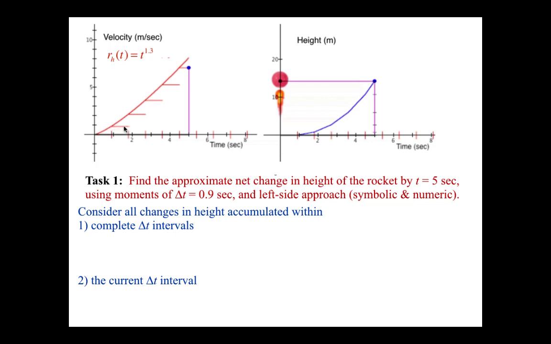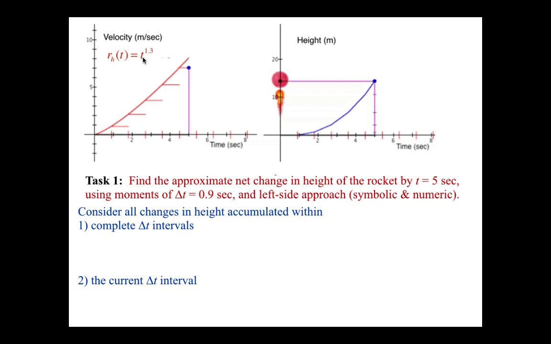And then this next rate, if I wanted to refer to this second step in this piecewise step function, since it starts at t equals 0.9, I know its height is r sub h of 0.9, or I could also call it 0.9 to the 1.3 power.